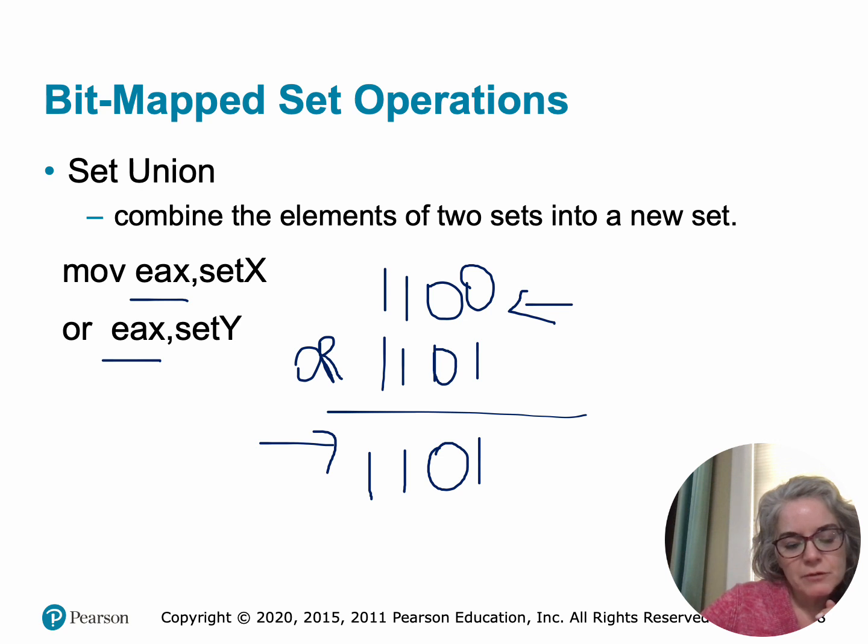If they're both 0, they stayed 0. If they're both 1, they're going to stay a 1. So it combines both of them into a whole new result, and it gets put into EAX. So that's called a set union. It's always done with an OR.